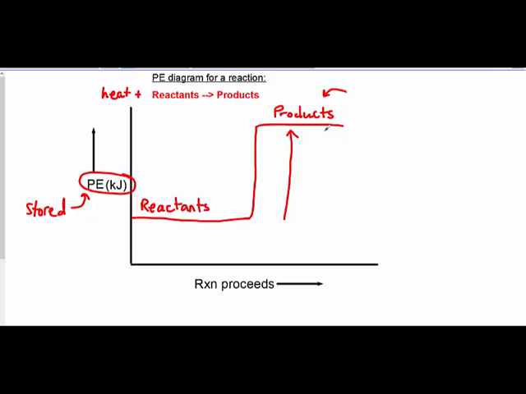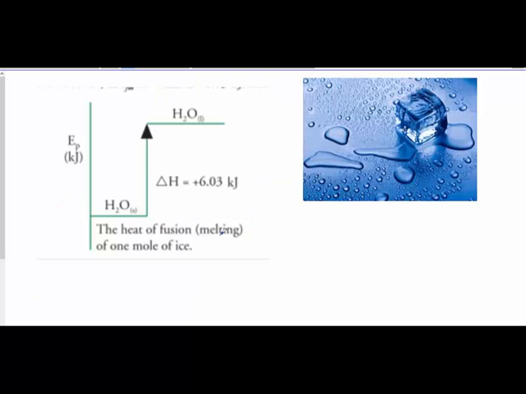Another good example of an everyday process, this is not a chemical reaction but a great example of a phase change, is the melting of ice. If you put some ice in your cup of water and watch it melt, or hold it in your hand and watch it melt, this is a very simple phase change in which we are moving from solid water to liquid water.